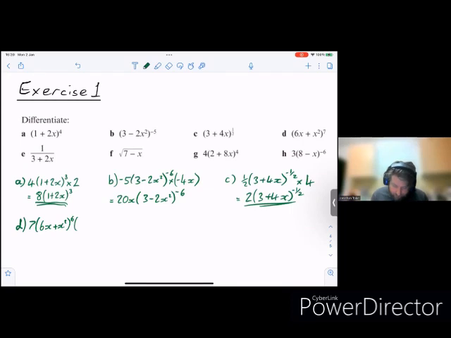So this becomes 6, because 6x differentiates to 6, plus 2x. And we do need brackets around that. The whole of that is being multiplied by what we have before. We could leave it like that. That would be fine, but we have got a common factor of 2 there in that second bracket. So we could take that factor out and we get 14, 6x plus x squared to the 6 times 3 plus x.